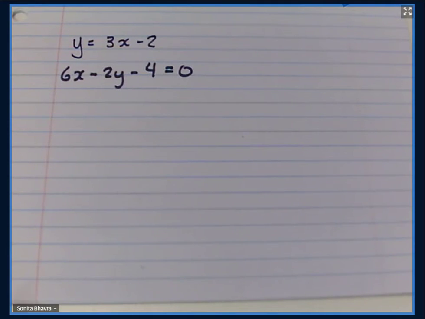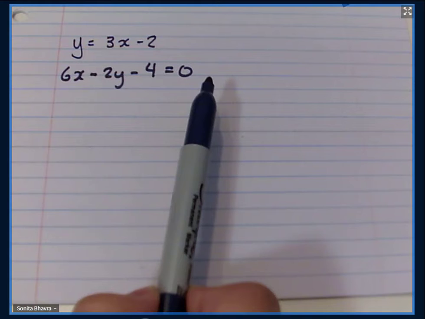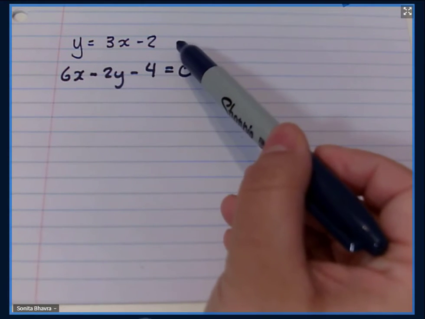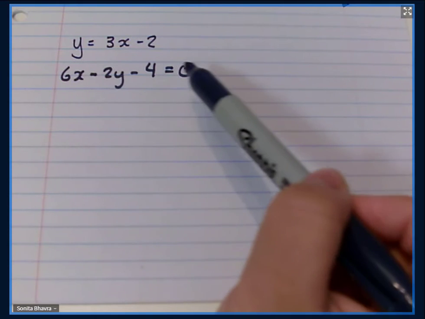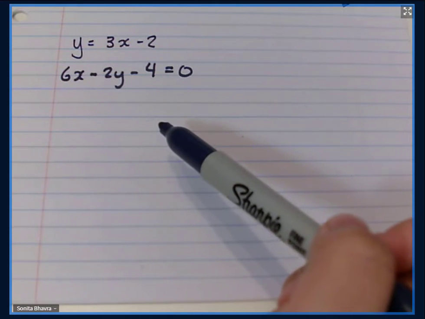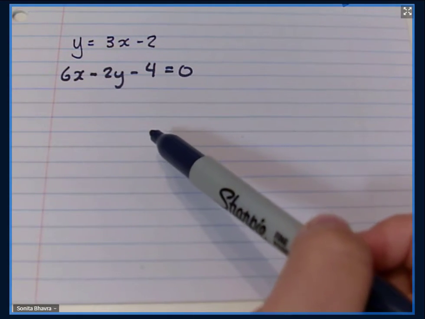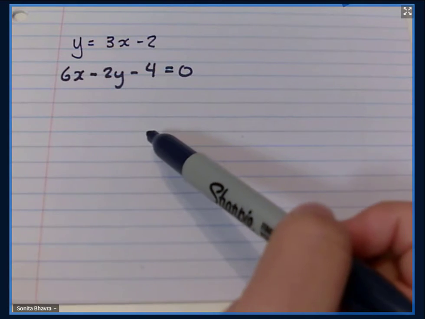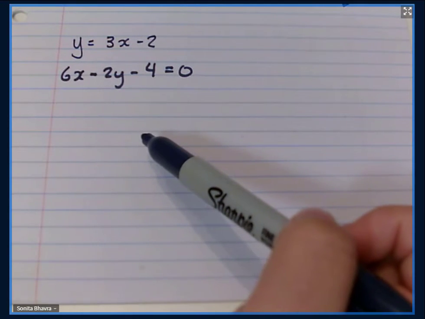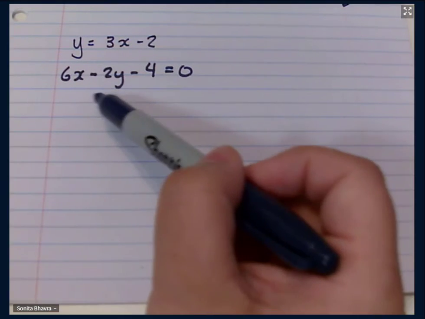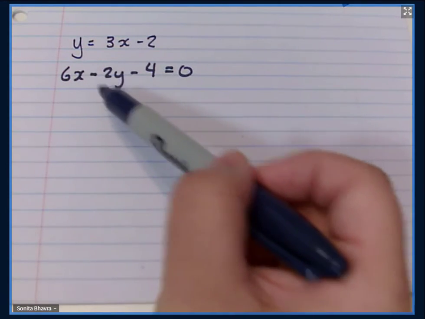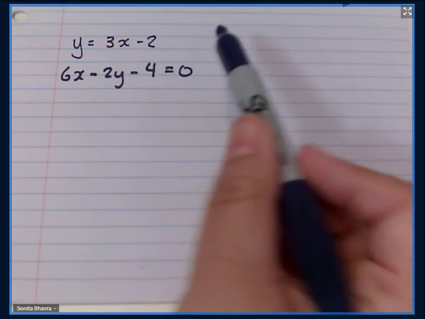All right, so what we need to do with these two equations is this one is already in y equals mx plus b form, so this one is fine. The second equation is given in general form. So what we'll do is put this general form into the slope-intercept form, which is our y equals mx plus b form. So we'll take this negative 2y, move it to the right-hand side by adding it.